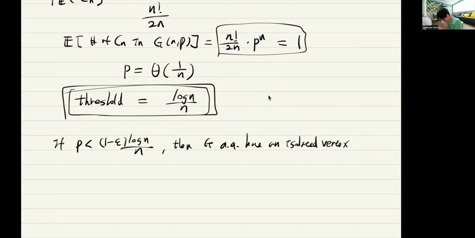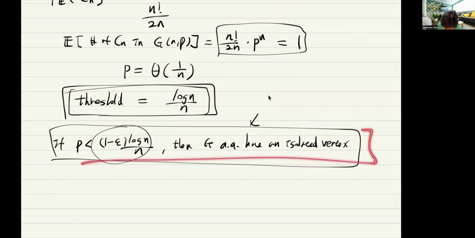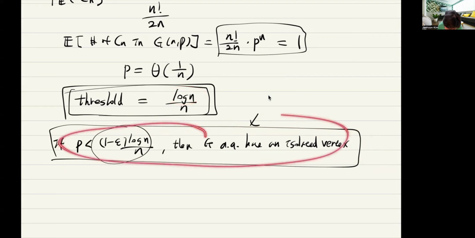So that's what we proved in undergraduate graph theory. If you have a vertex with degree less than 2, obviously you don't have a Hamilton cycle. In order to overcome this, it's like a coupon collector problem. Your probability has to be bigger than log n over n. And this log n is actually coming from this local obstacle.